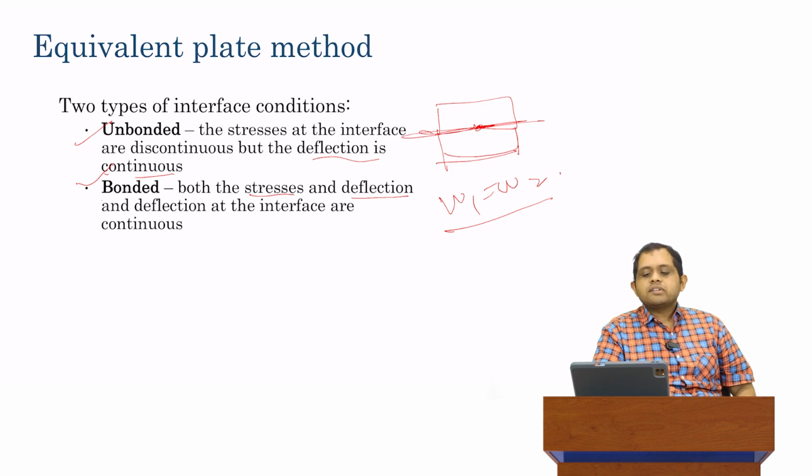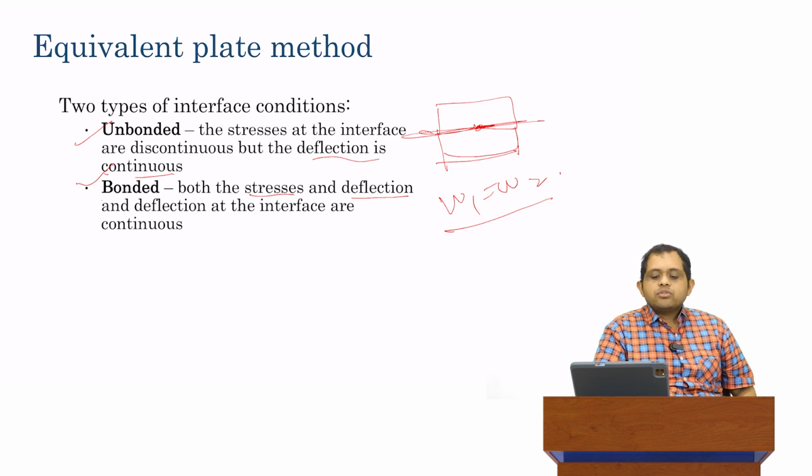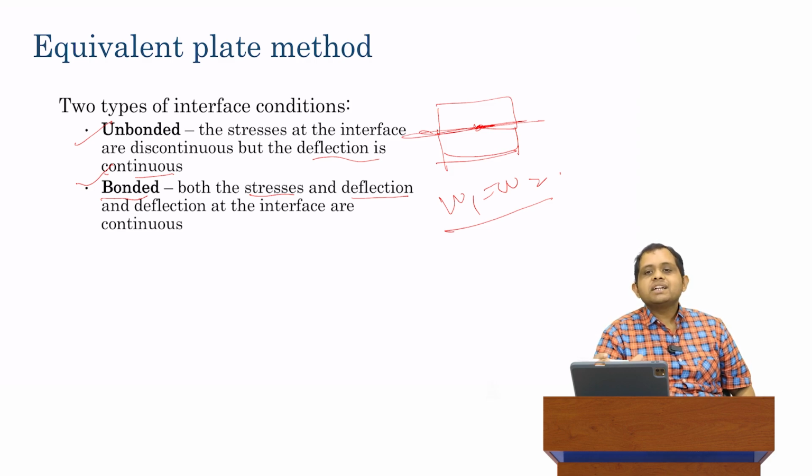What it basically means is if we have two unbonded layers, both are bending, both are undergoing flexure independent of each other. That is, the stress in one is not being affected by the stress in the other, and they have two independent values of stresses. Whereas when they're bonded, the two are behaving as one single layer and they are bending together.